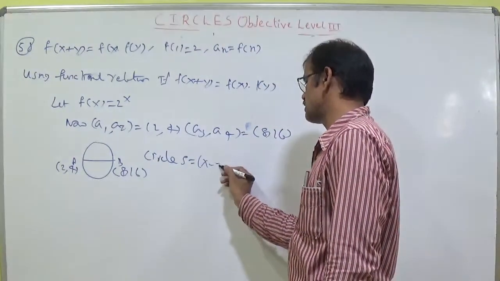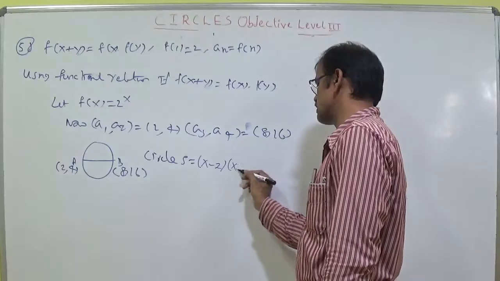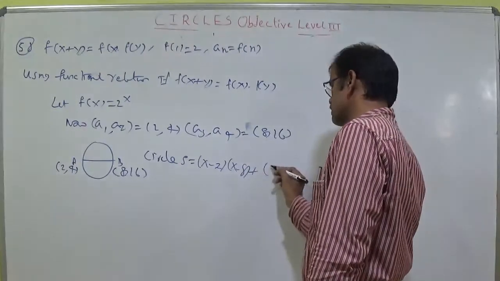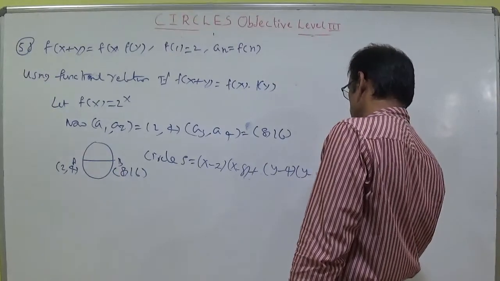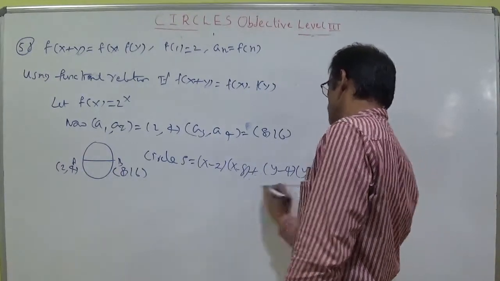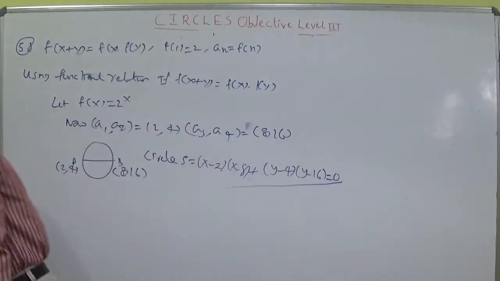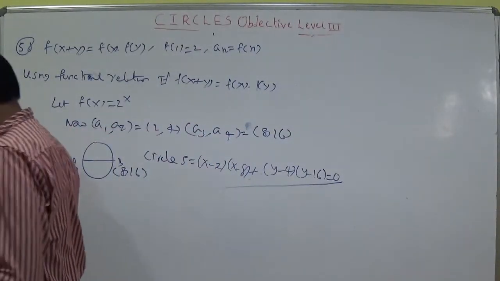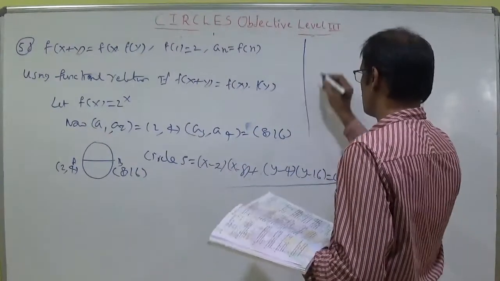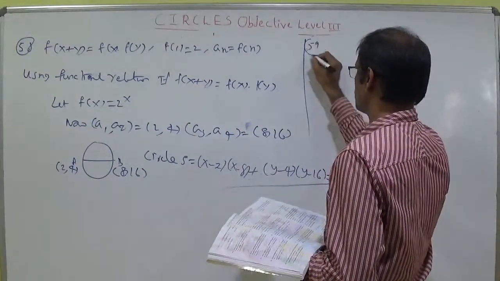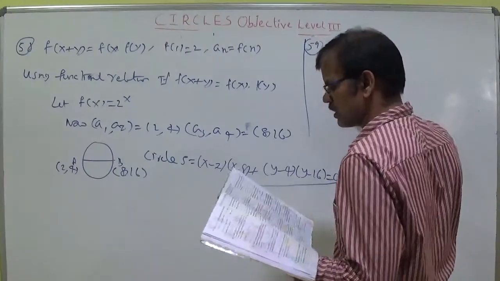You can write here x minus 2 into x minus 8 plus y minus 4 into y minus 16 equal to 0, which is the equation of the circle having end points of diameter. Of course, the expansion is not given. 58th question completed.